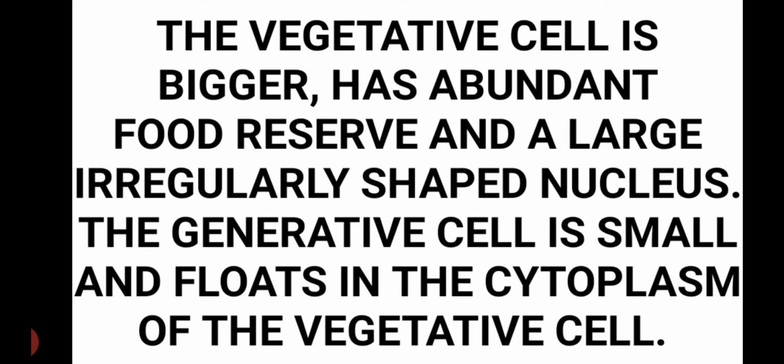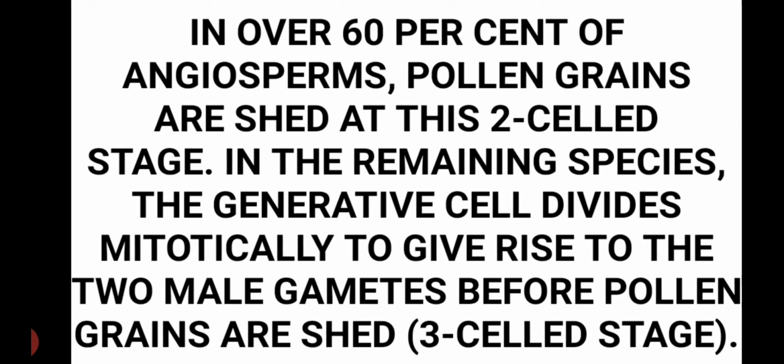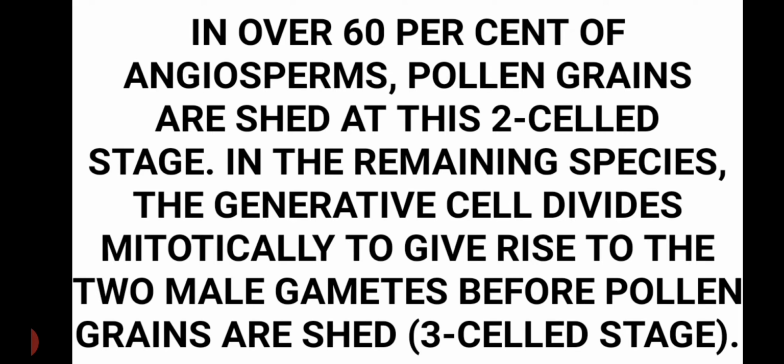As we see in this diagram, in over 60% of angiosperms, pollen grains are shed at this two-celled stage. That means in over 60% of angiosperms, whenever the pollen grains are shed, they contain two cells.